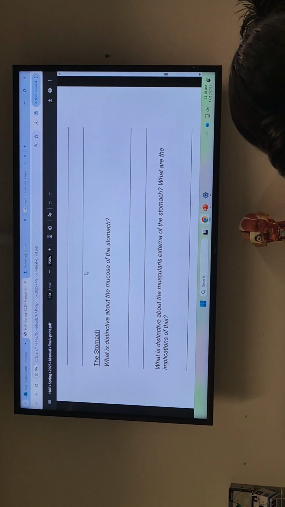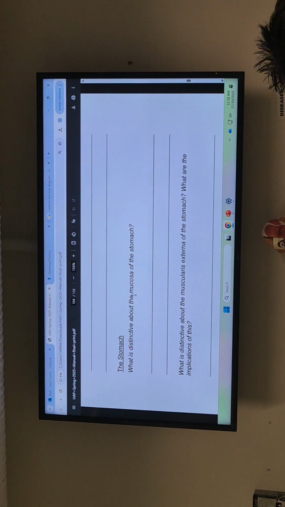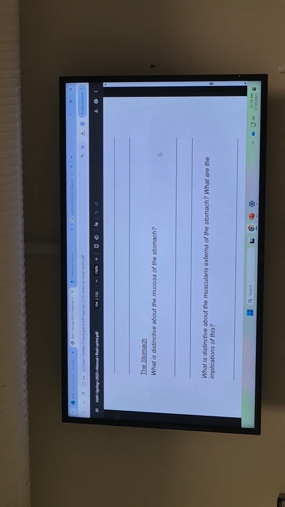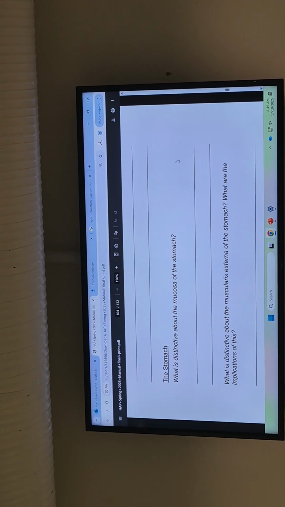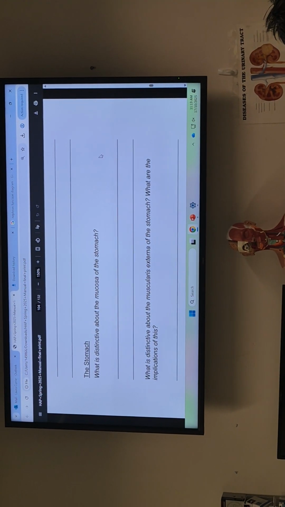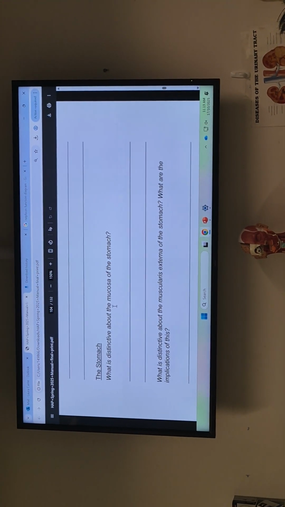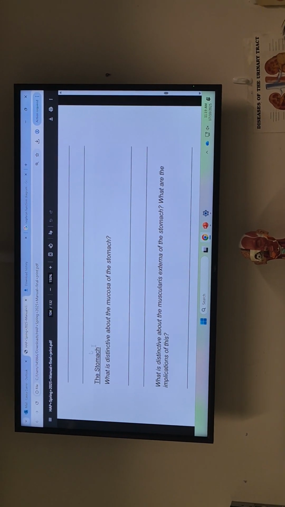Because they will have differences in their layers. As you can see here, the stomach: what's distinctive about the mucosa of the stomach? It's probably going to have something to do with protecting itself from all the acids, okay? So list down the functions, and you should be pretty fine.